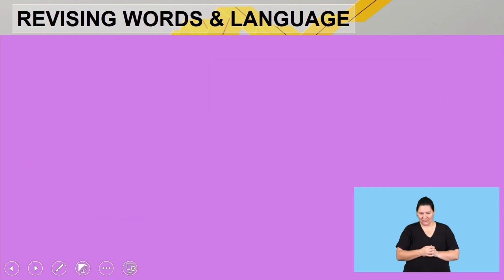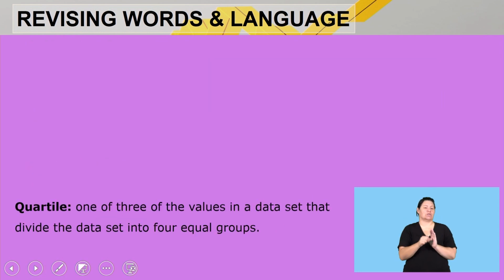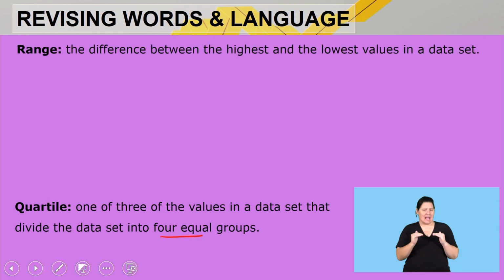Let's quickly look at some other important words. A quartile is one of 3 values in a data set that divide the data set into 4 equal parts. As already explained, the range is the difference between the highest and the lowest value.